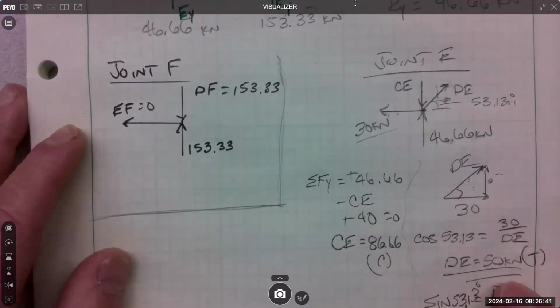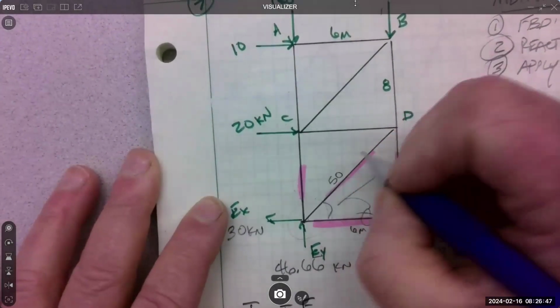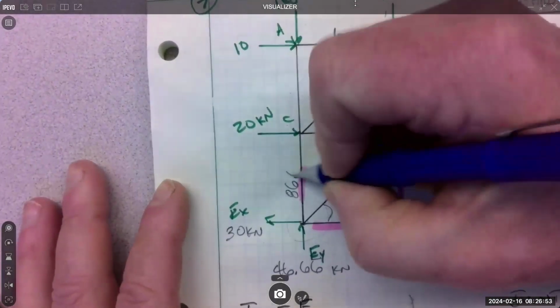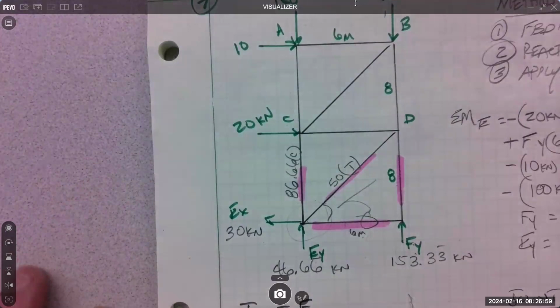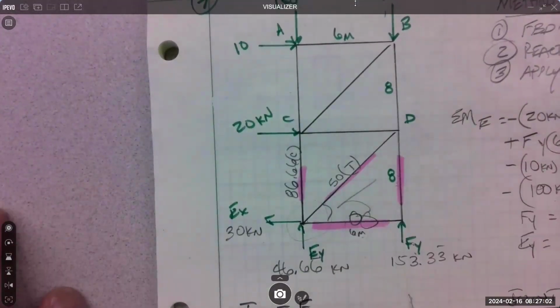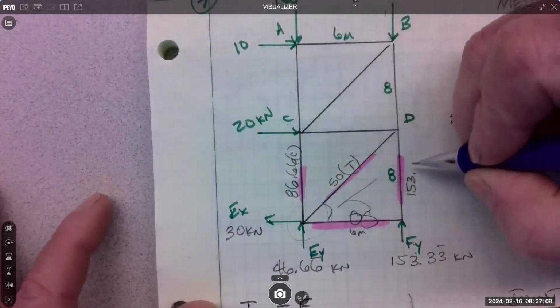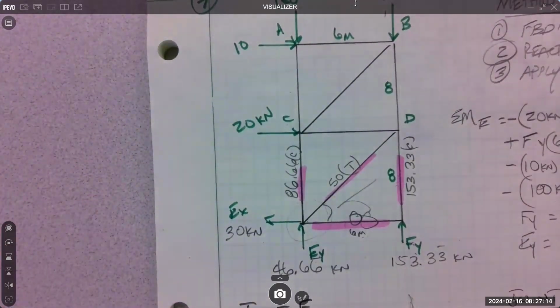So we have DE at 50 tension, and 86.66 compression, 0 here, and 153 here, compression. And if we were doing the whole truss, we would just keep going. Such fun. Just keep going. But I only did the bottom ones.